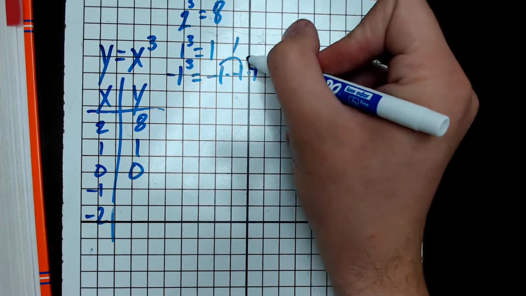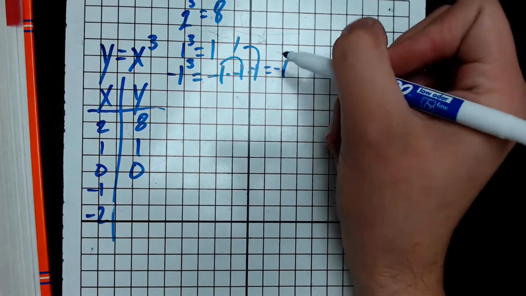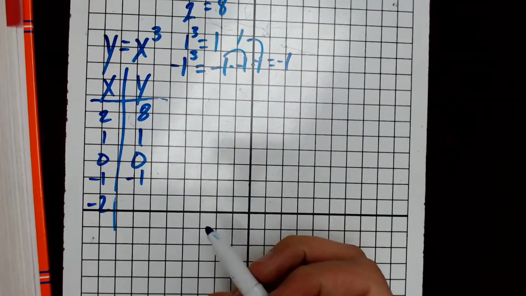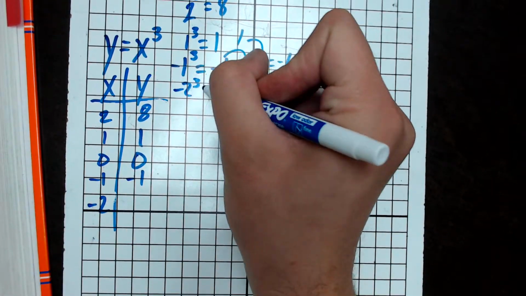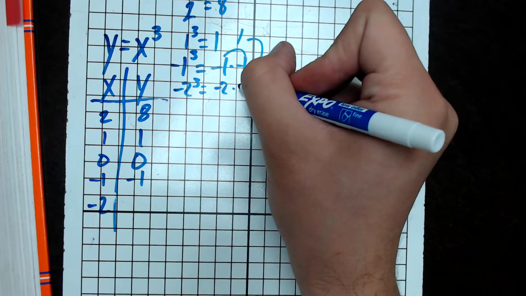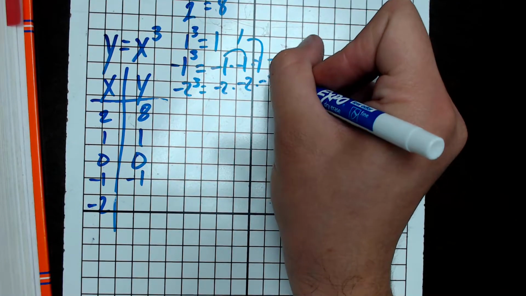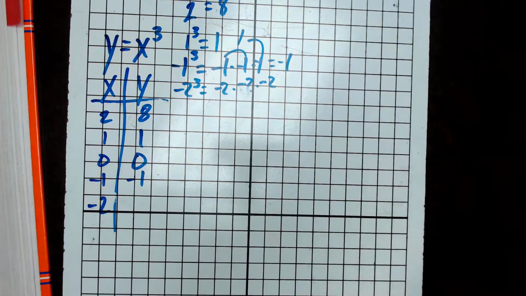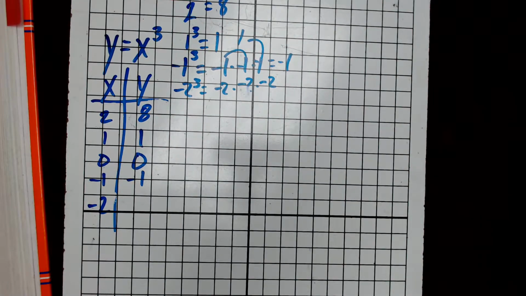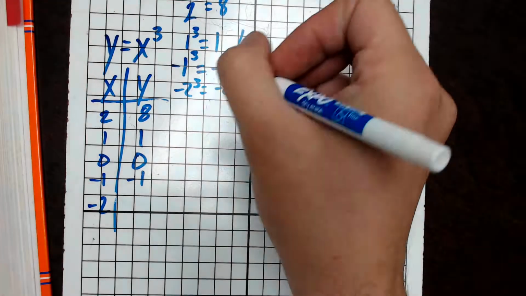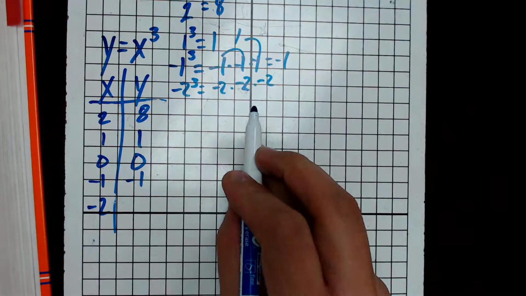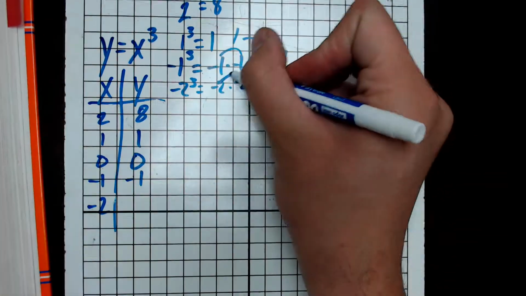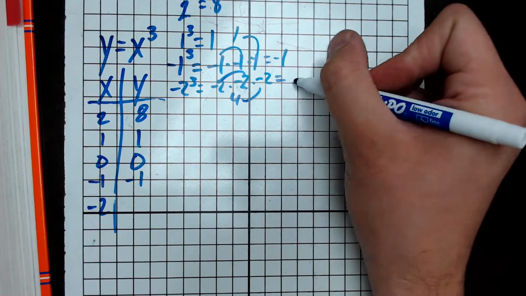That gives me +1. +1 times -1 gives me -1. So, -1, -1. -2 cubed, the last one. -2 times -2 times -2. And that gives me, sorry, -8. 2 times 2 gives me +4. 4 times -2, -8.